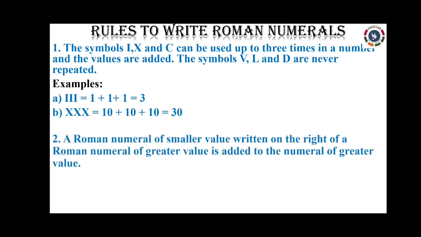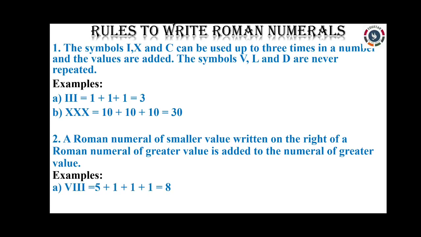Rule 2. Roman numeral of smaller value comes right of the Roman numeral of greater value. Then we can add both the smaller value and greater value of Roman numeral. Examples: A sum, VIII.